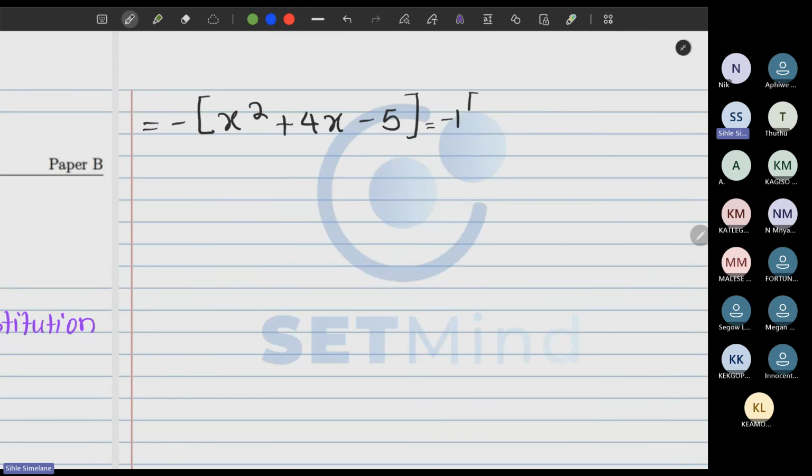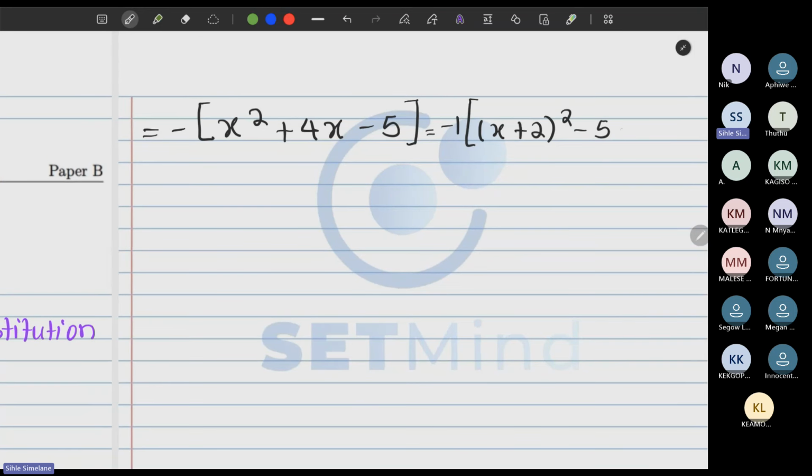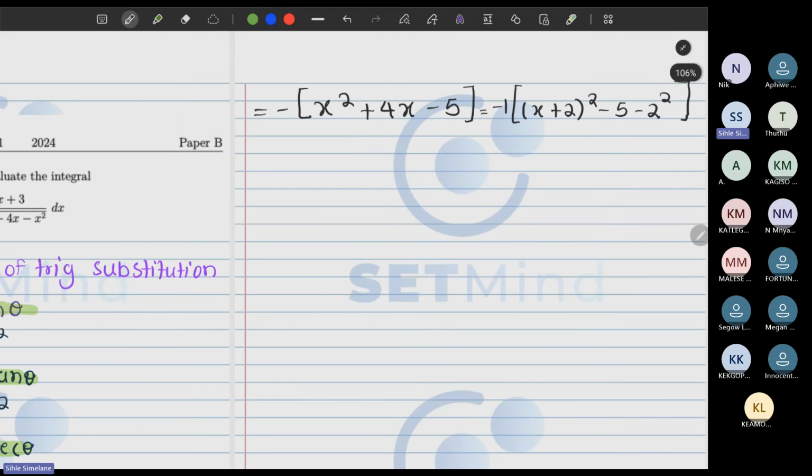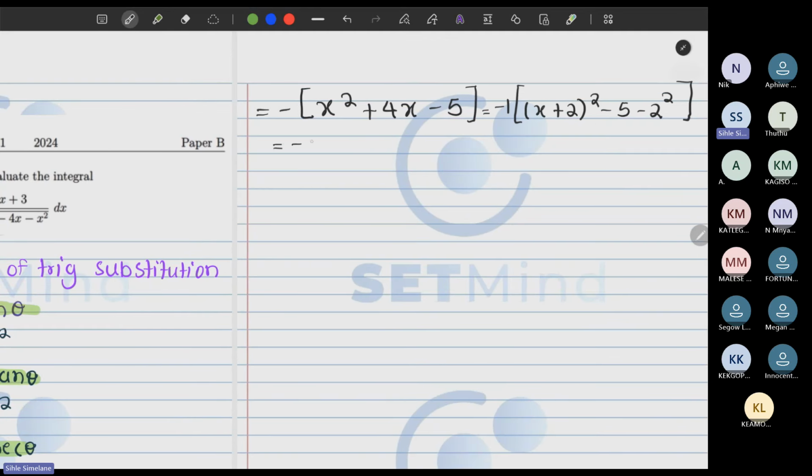So I have negative 1, and I'm going to have x plus 2 all squared, and then minus 5 minus 2 squared. Many of you should know this by now. And this will be negative 1 times x plus 2 all squared minus 9.